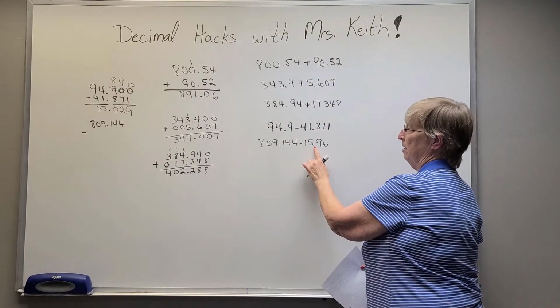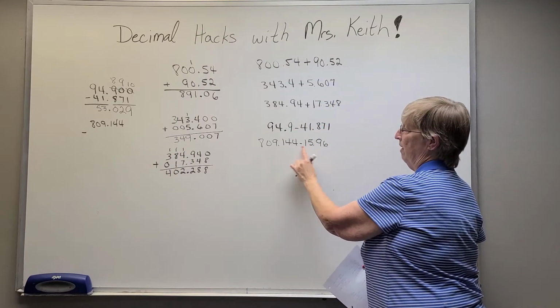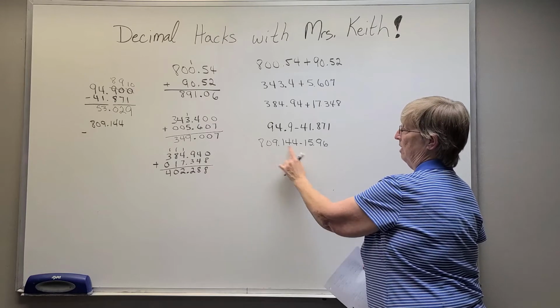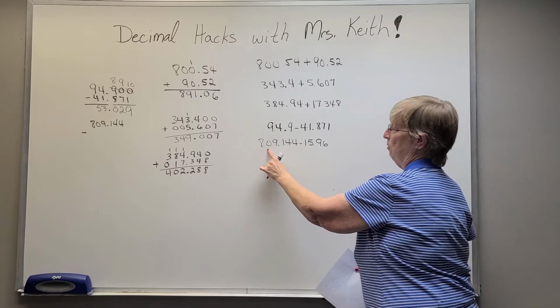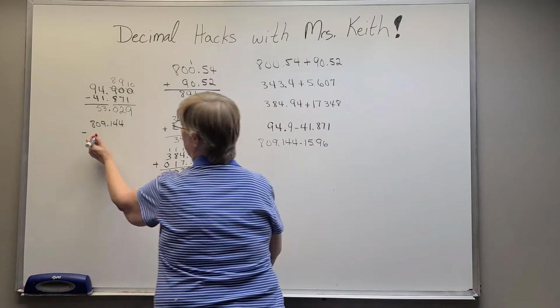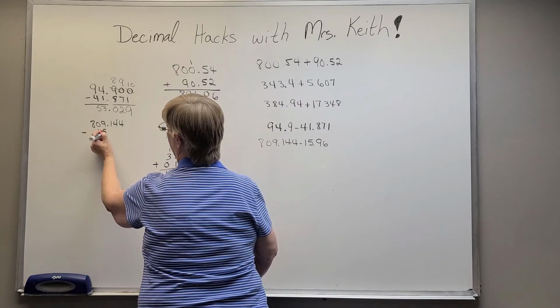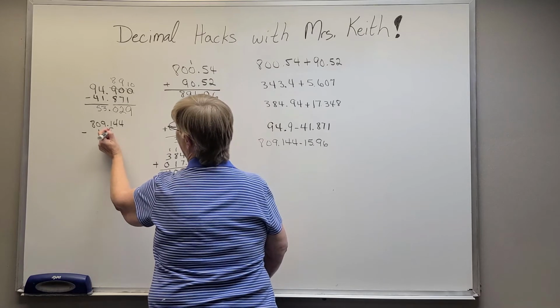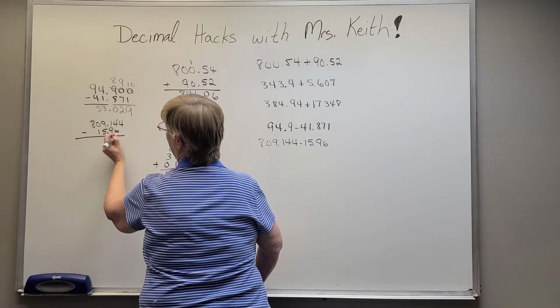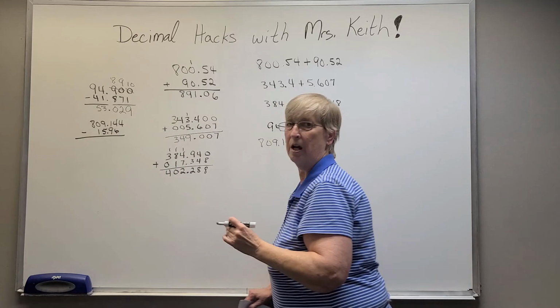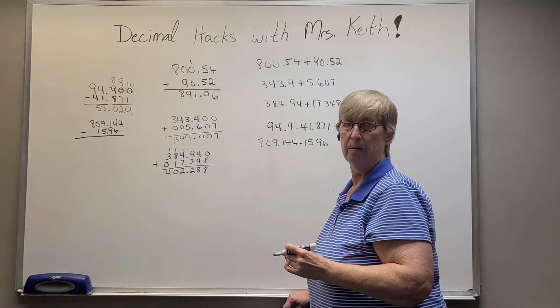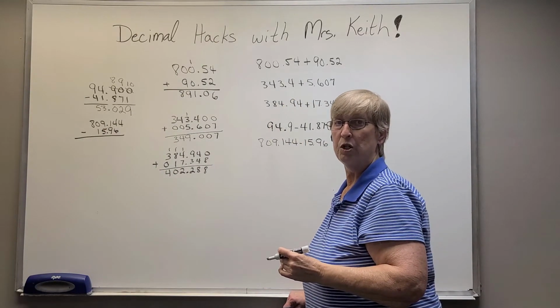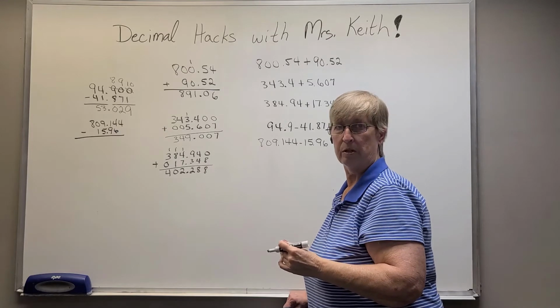We have to line up the decimal, so we want the 15 under the 09 because that's two digits to the left of the decimal. So the 1 goes under the 0. 15.96. And again, notice I keep the digits directly underneath the ones above it that are in the same position relative to the decimal.